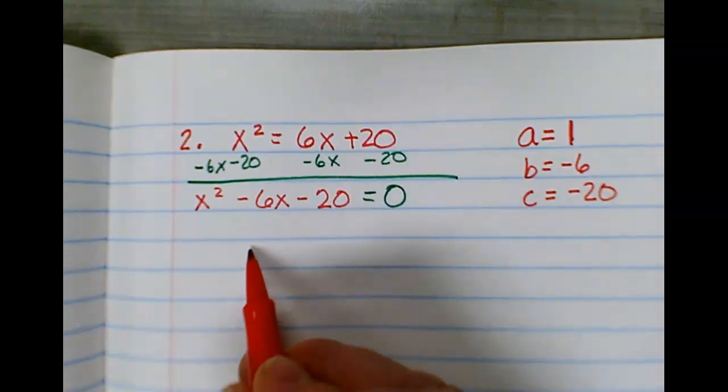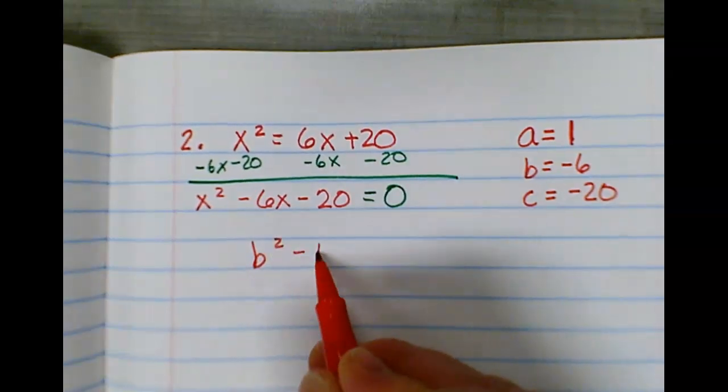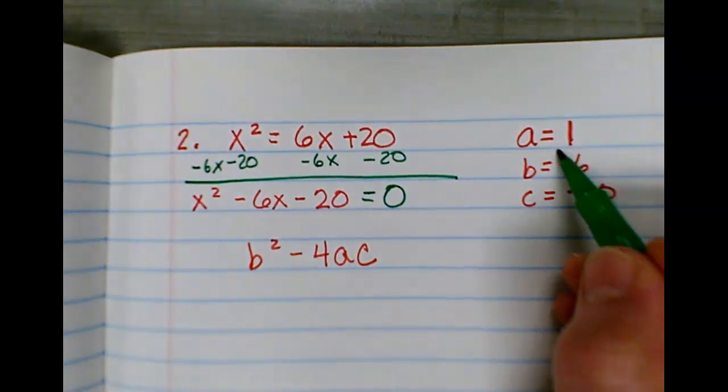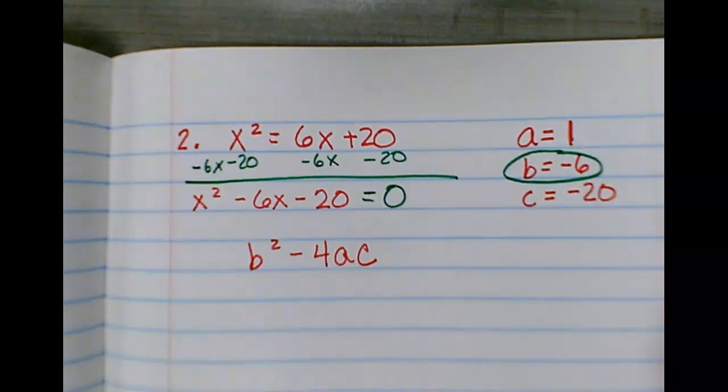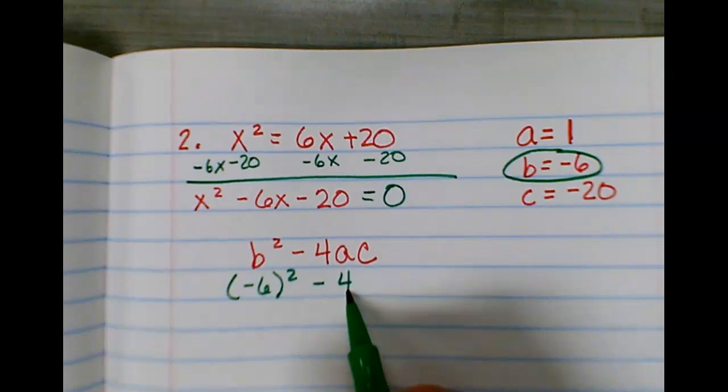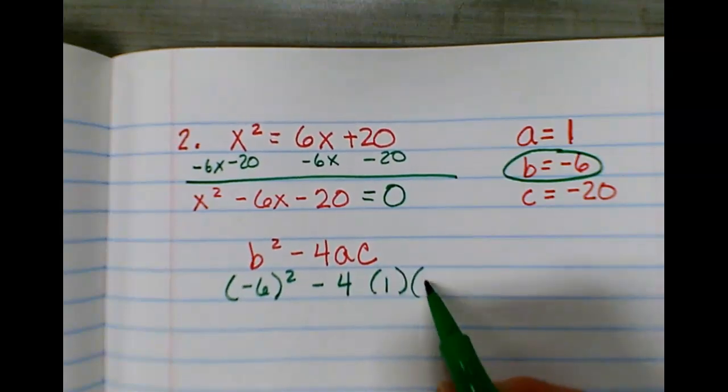And the discriminant is b squared minus 4ac. The discriminant is this number squared minus 4ac.